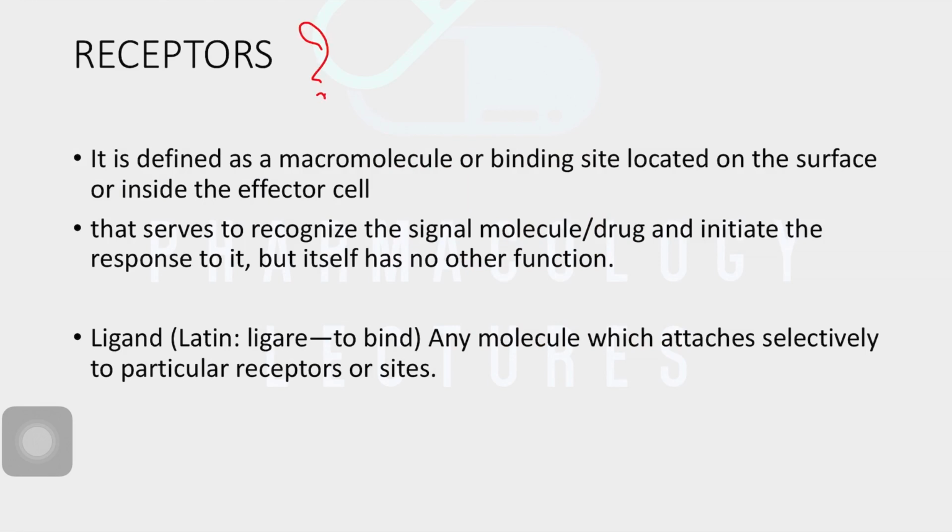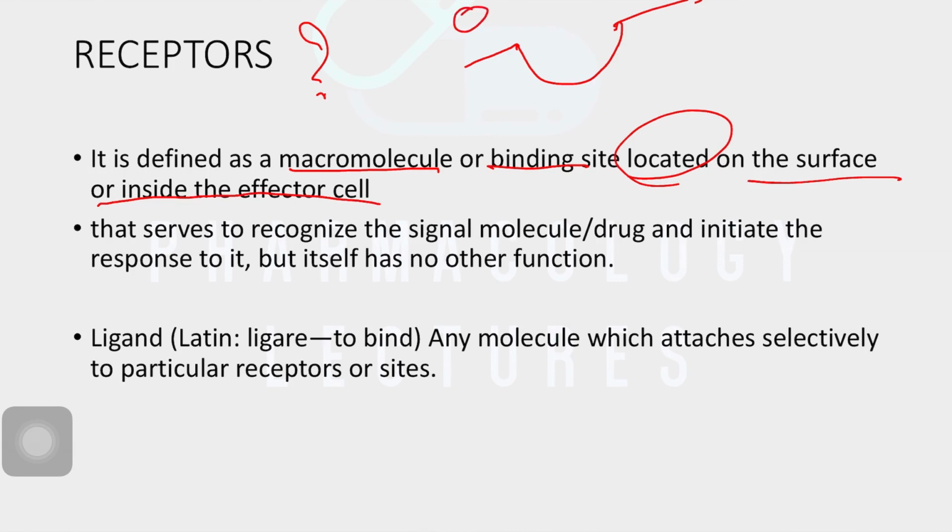What are receptors? Receptors are basically a macromolecule or a binding site, which is made up of proteins majorly. Where is it located? It might be located on the cell surface, transmembrane, or inside the cell. It may be located anywhere, and it serves two functions. It serves to recognize the signal molecule, where a signal molecule or a drug attaches to it.